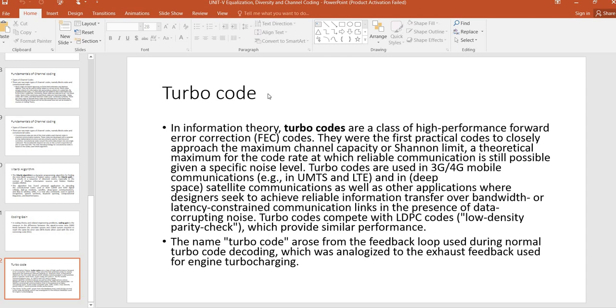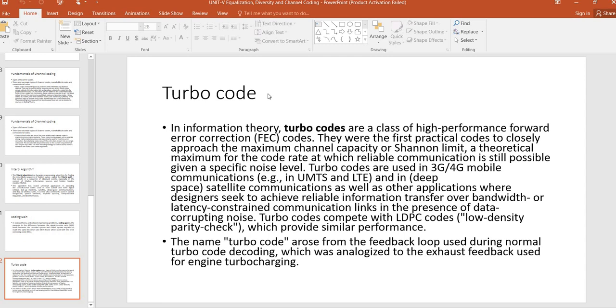The name turbo code arose from the feedback loop used during normal turbo code decoding, which was analogized to the exhaust feedback used for engine turbocharging. So the feedback loop means that during communication, it loops with a feedback mechanism in the turbo code during the normal decoding.